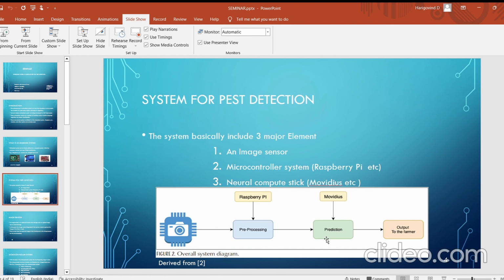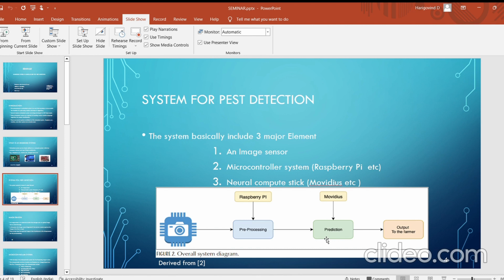For such a system, I think there are three major components we need to focus on. The first is an image sensor, which captures the image in a clear manner and sends it into the system for the next process.